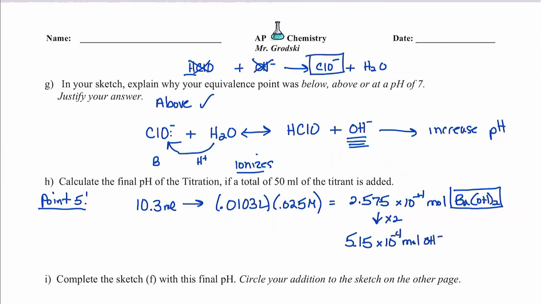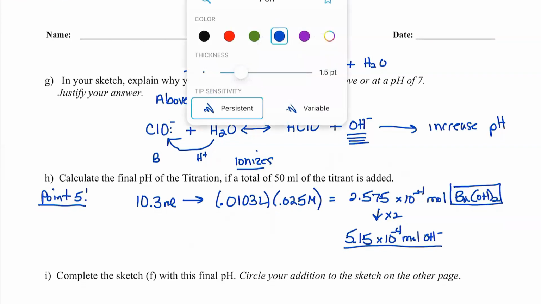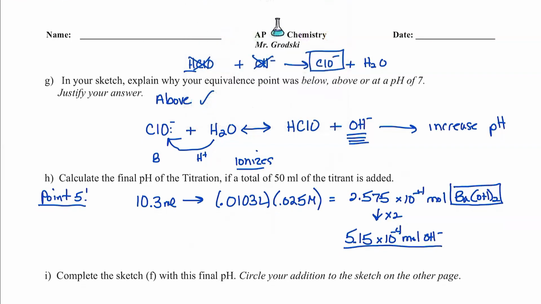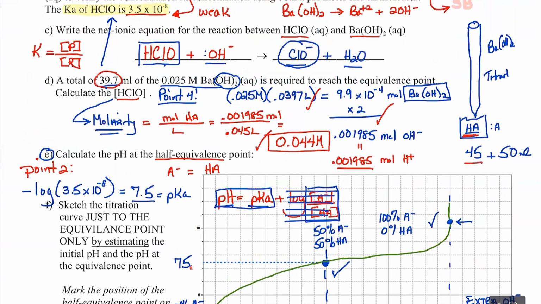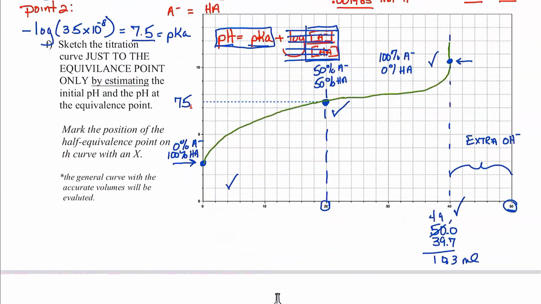If you want to put it up and cancel units and do that, but hey, let's just get to understanding it. And what am I after? I'm after molarity. Well, molarity is moles over what? Moles over liters. What's the liter of the solution? Don't forget, you've got a little beaker. We had 45, we added 50. Now 50 plus 45 is 95 milliliters.